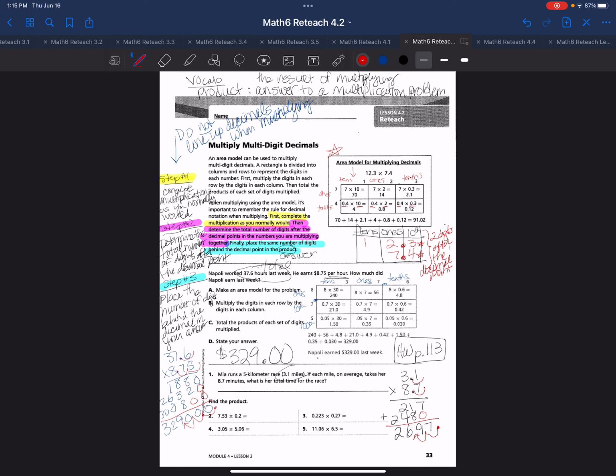And then you need to rewrite your answer. What is her total time for the race? And this again is in minutes. What is the total time? So her total time would be 26 97/100 of a minute.